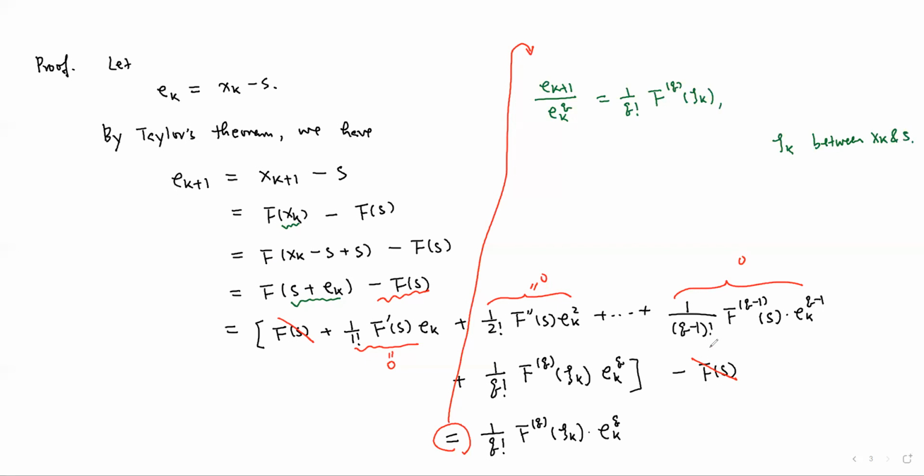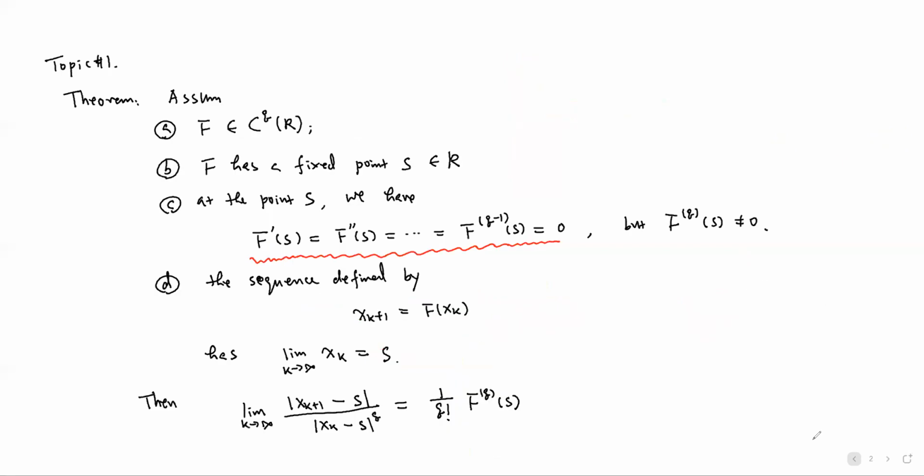Now, by assumption D, we assume xk is approaching s.